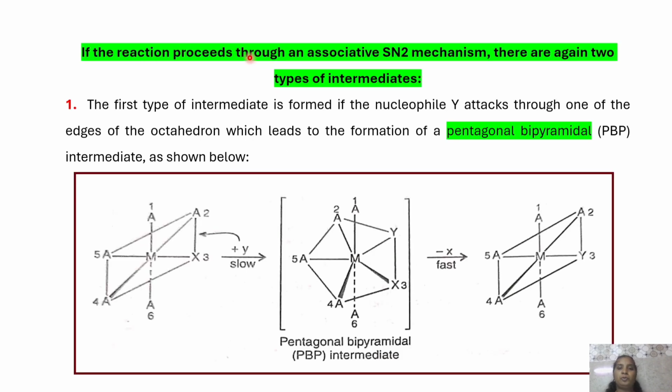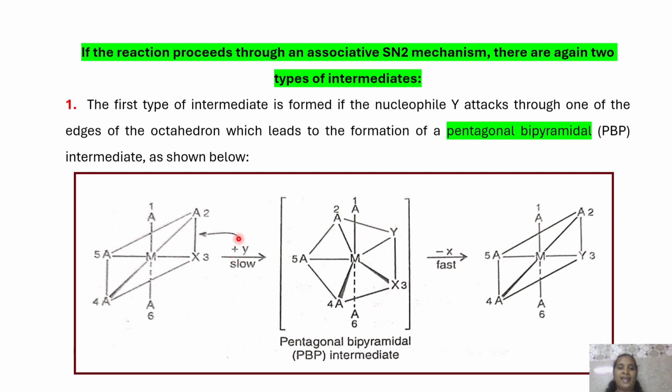If the reaction proceeds through the SN2 mechanism, then there are two types of intermediates. The first type of intermediate is the pentagonal bipyramidal intermediate. See, this is the octahedral complex.